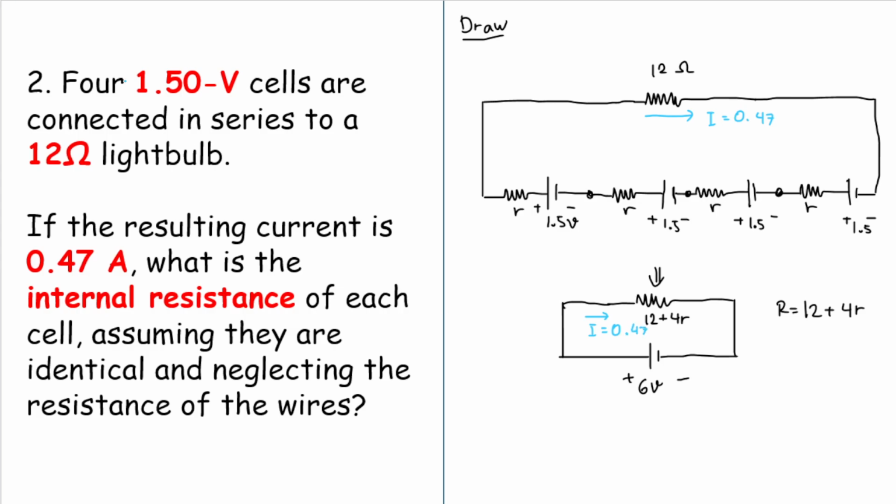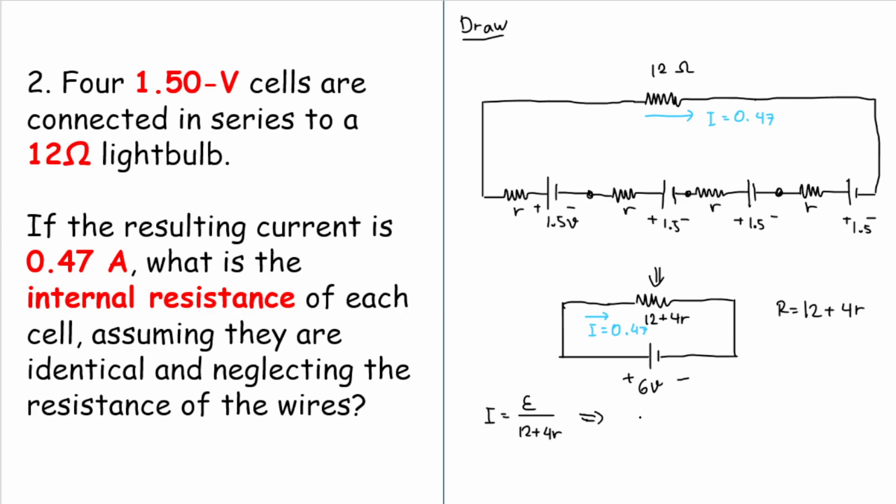And remember, we can just use Ohm's law, right? So I is equal to the EMF divided by the resistance. But our resistance is 12 plus 4r. Good. But then the EMF is 6 volt. Okay, now we can just plug that in, right?